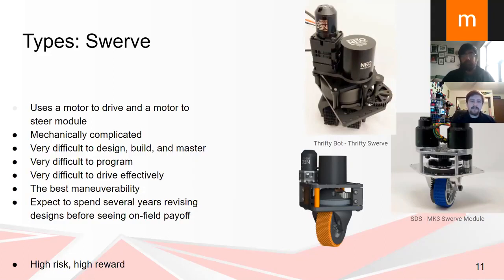The only difficulty is that they are incredibly difficult to build and design and program effectively. They have for a very long time been very difficult and out of reach for many, many teams. Even today, two of the swerve modules on here are commercial off-the-shelf products that you can just buy and use. Even then, they're not always the easiest to use just from a programming standpoint.